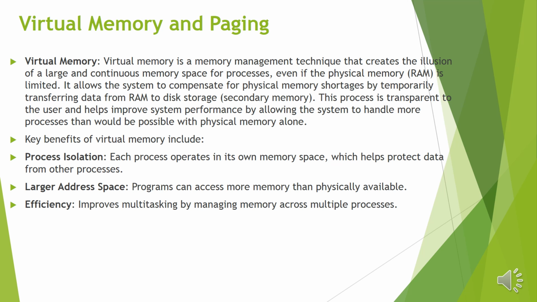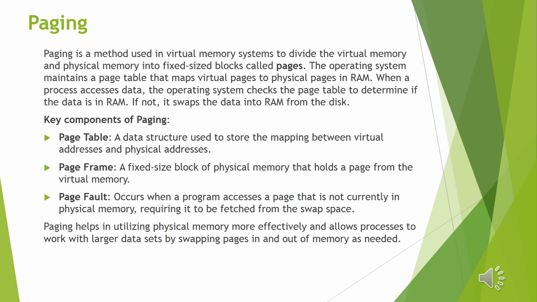The key benefits of virtual memory are process isolation, larger address space, and efficiency. Let's look at paging. Paging is also a memory management technique which is used in virtual memory systems to divide the virtual memory and physical memory into fixed-size blocks called pages.